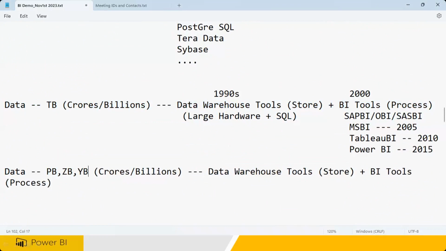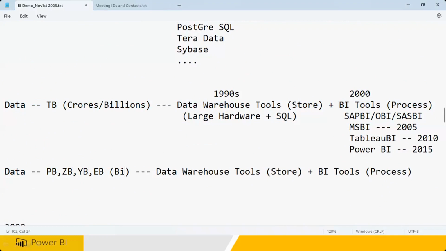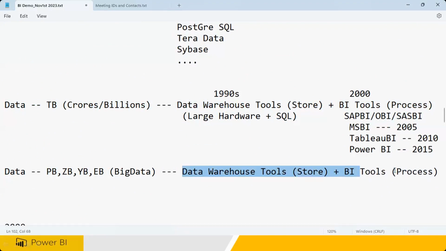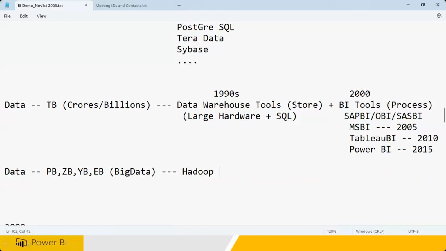This kind of data is called big data. Today, unlimited data is called big data. Who is going to be storing the data? Hadoop. Hadoop is a new software which can store the data and process the data. It is unlimited data.